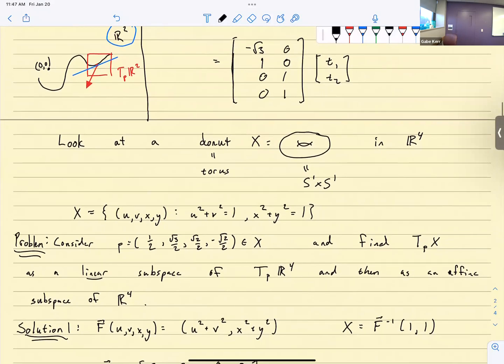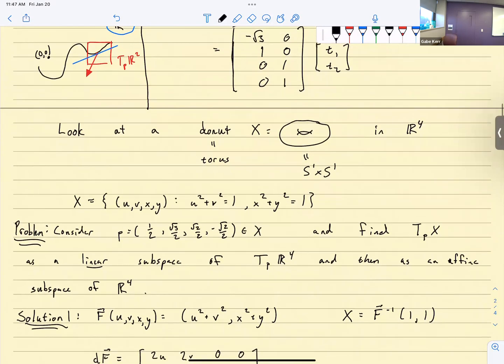All right. So I want to find the tangent space of this torus. There are two ways to go about this. The easy way in general is solution one. Consider the constraint: these two equations can be written as a single constraint.